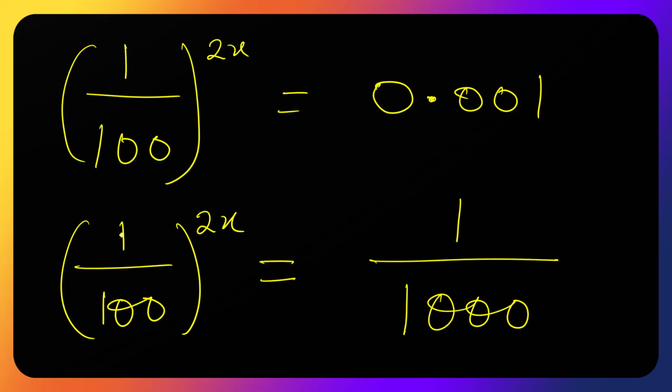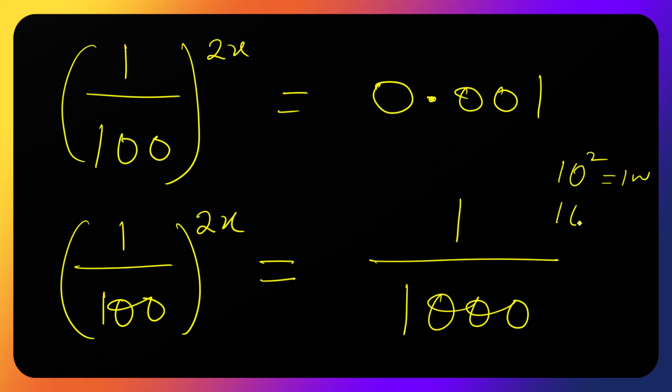Okay, so this side is 100 and this side is 1000. So how do we make this side equal to this side? Now let's understand that 10 squared is 100.